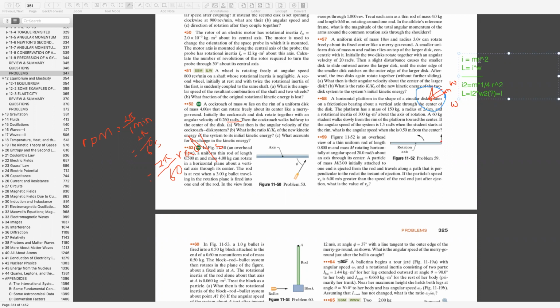So we just change this one to this one and put everything together to make the equation. So it's mr squared times omega. That's why you can calculate what omega 2 is.